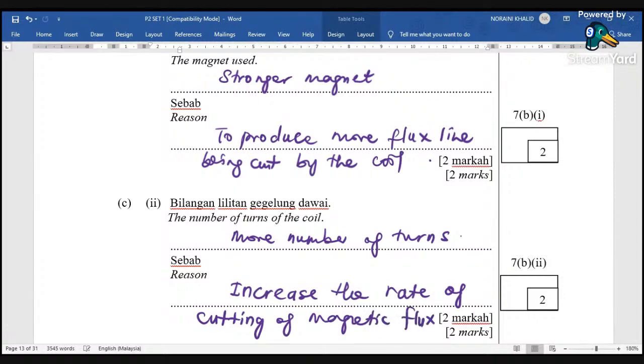Flux means field line. You don't know what is the meaning of flux. Refers to the field line, garis-garis medan magnet. Flux.